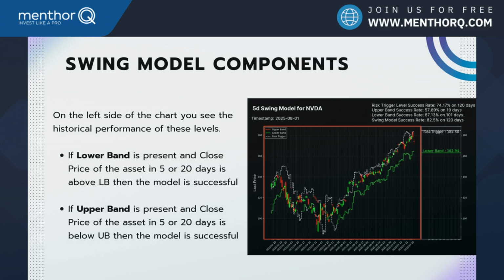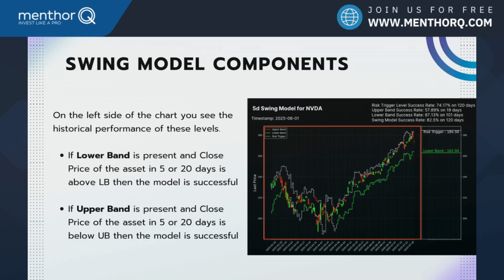In this case, we are looking at the lower band of 162.94. For the model to be successful, in 5 days from now the price of NVIDIA should be closing above 162.94. If that happens, then you will see a success for the model. So that's the way it works.